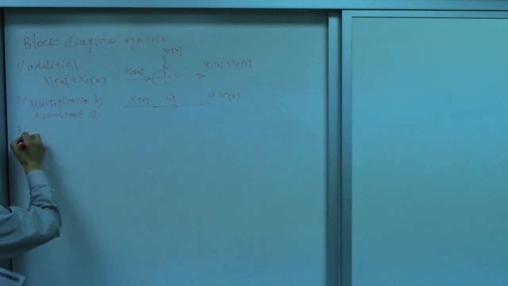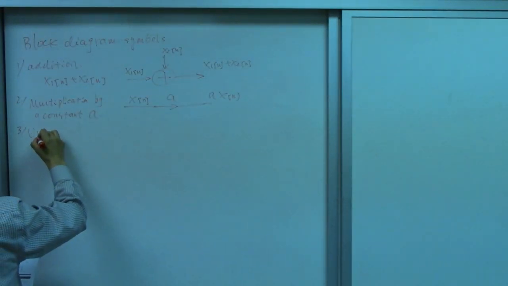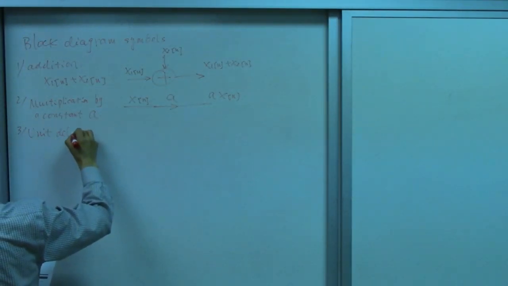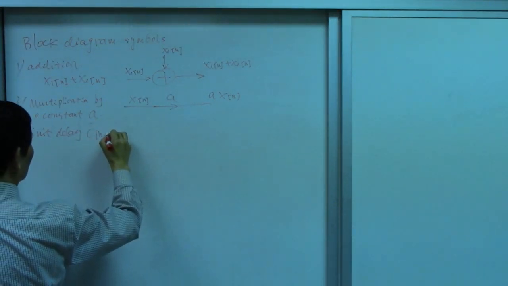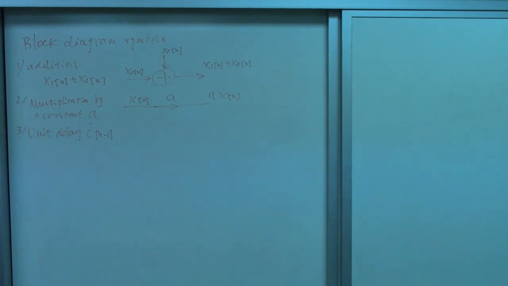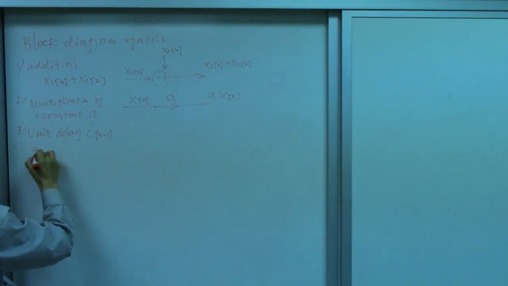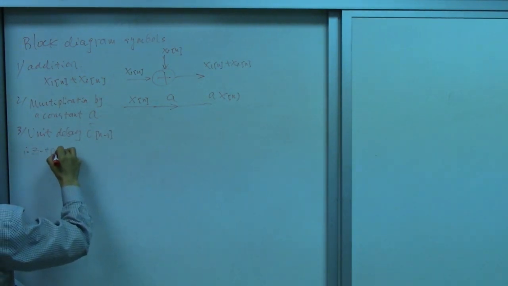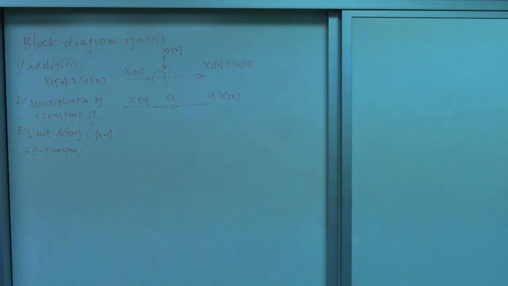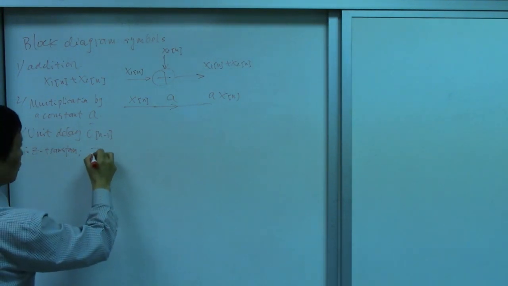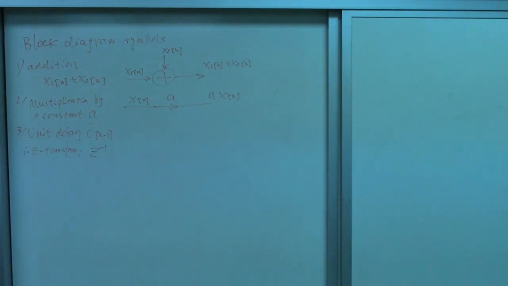The next one is unit delay. Delay by delta, n minus 1. We know this is in time domain, right? In time domain, the unit delay corresponds, in the Z transform, to z to the power of negative 1.